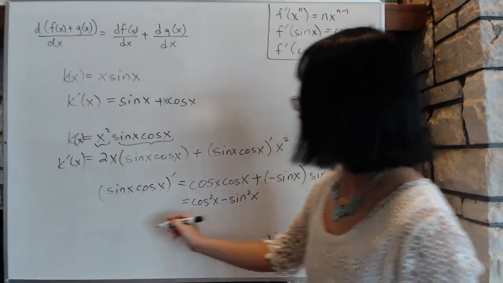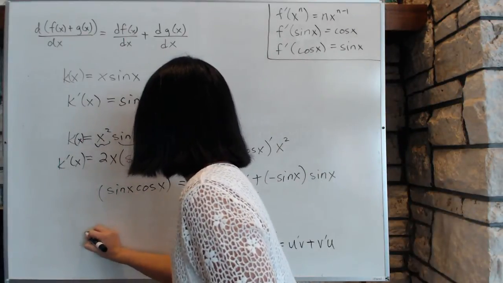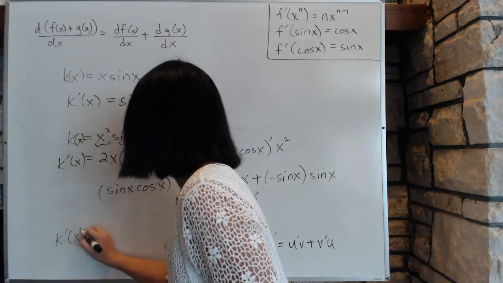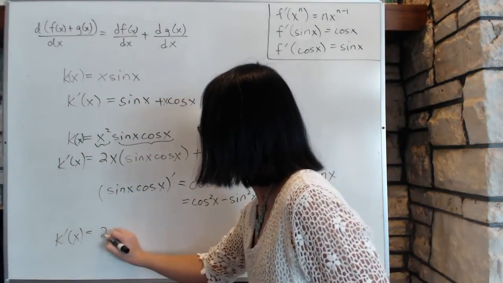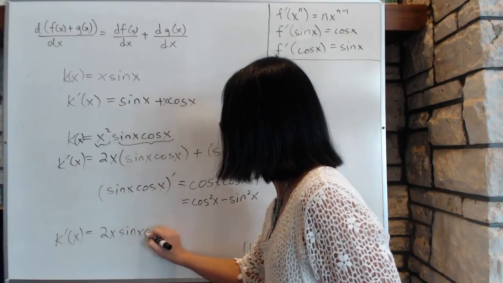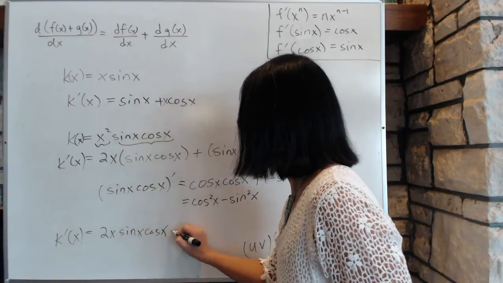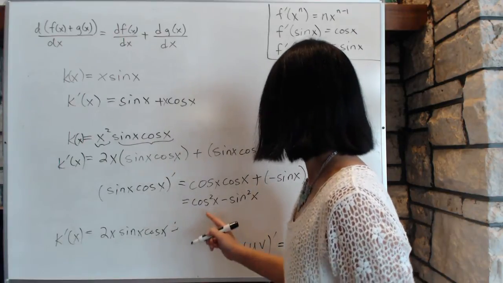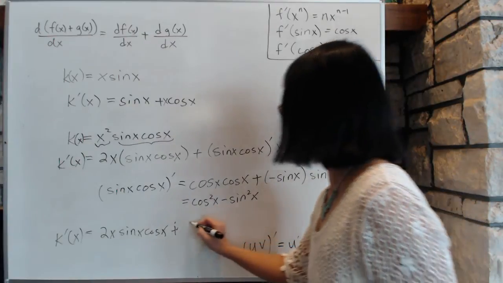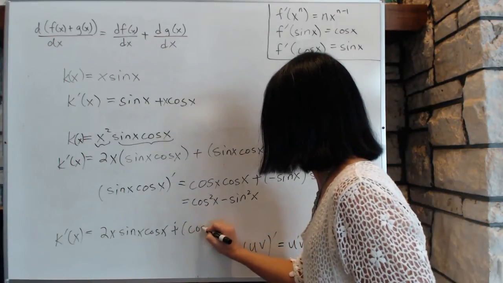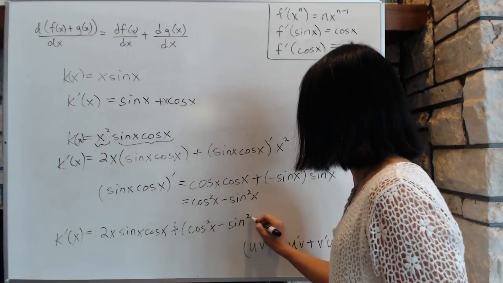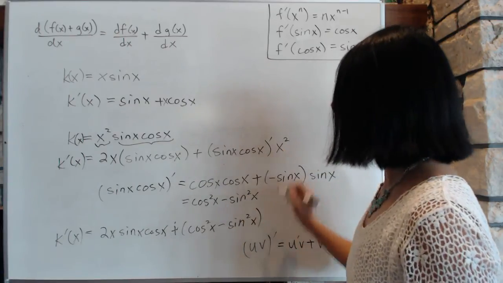So k prime of x equals 2x times sine x cosine x, plus the derivative here, cosine squared x minus sine squared x, times x squared.